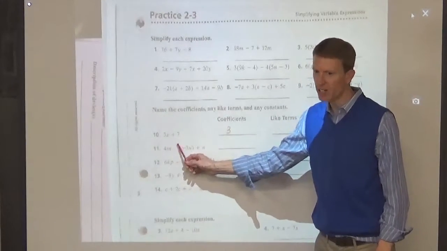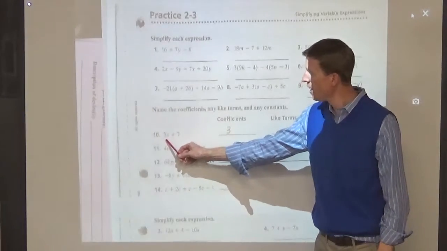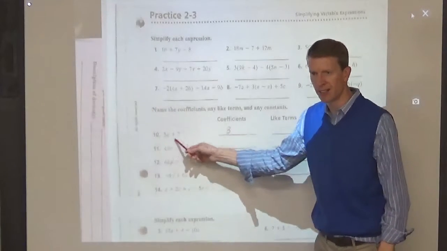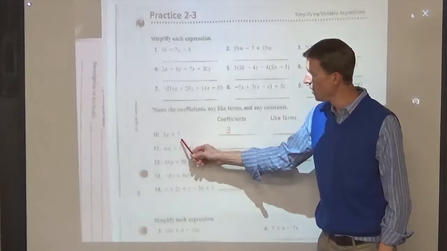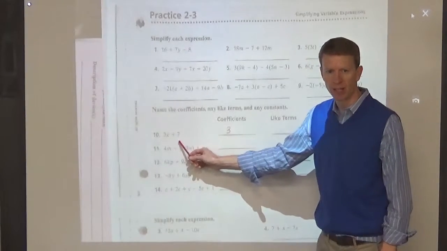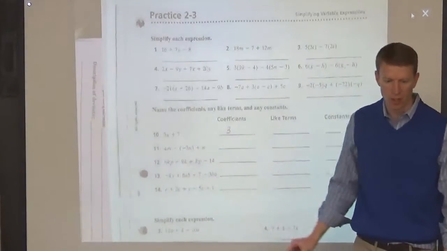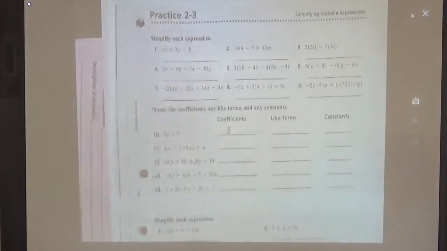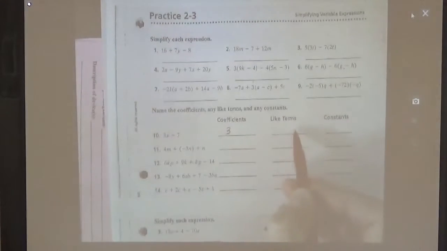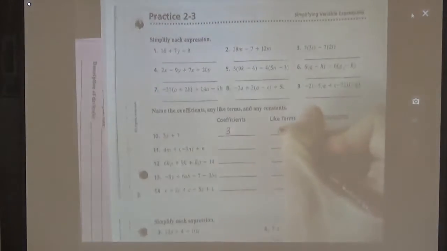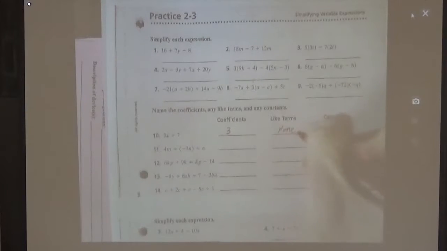But these are not like terms because this means 3 x's, and this just means 7 of something. So they're not like terms. So you can leave that blank. There are no like terms. Or you could write none. There are no like terms, okay?